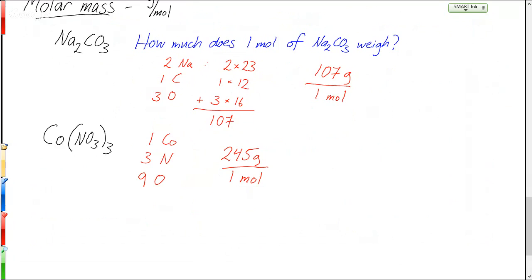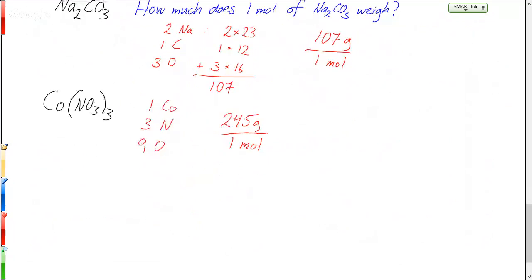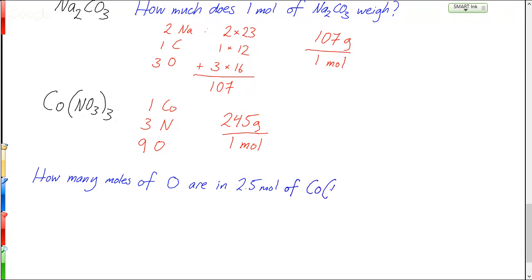Some other things we could do with compounds like this. We're going to stick with those 2 that we've talked about. We can answer questions like this: How many moles of just oxygen are in 2.5 moles of cobalt 3 nitrate?